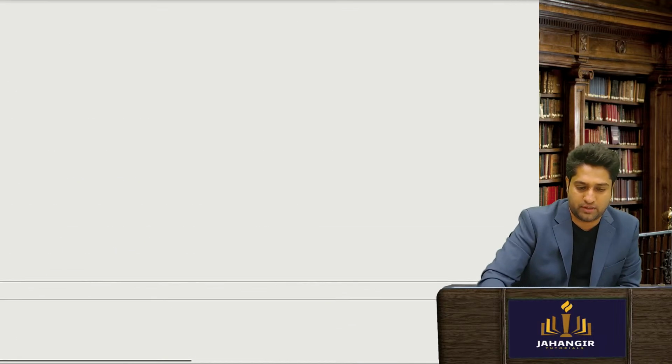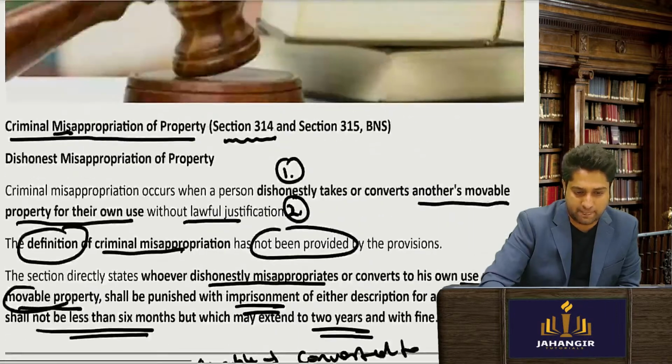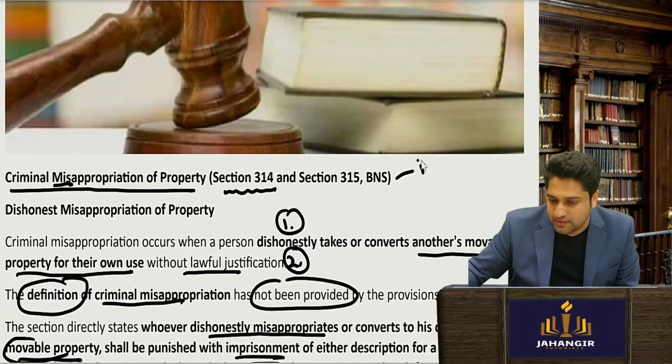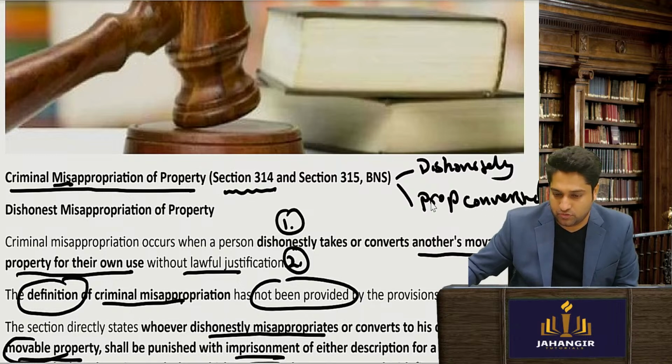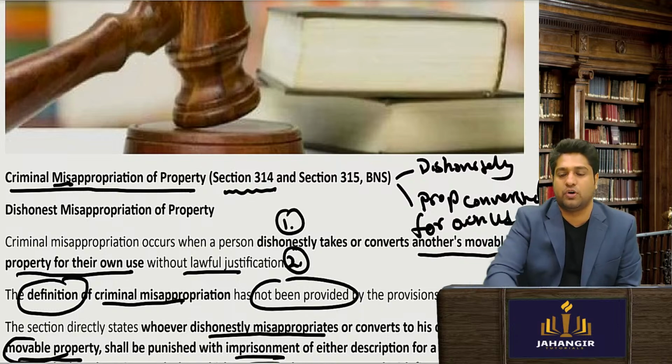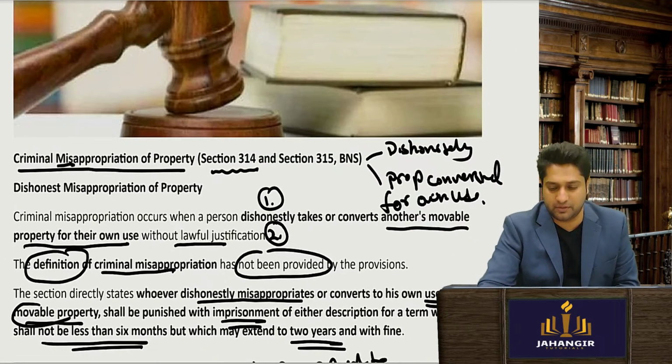So two important things are there in this offense: dishonesty and property converted for own use. Clear till here?